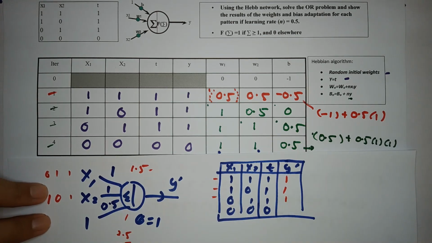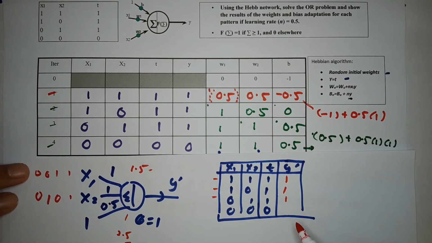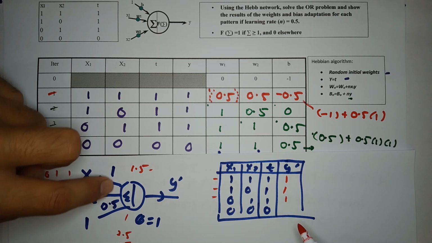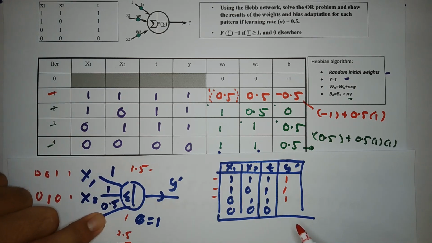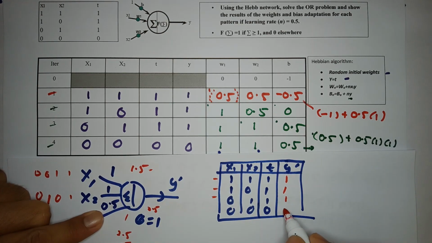For the final part, we feed 0, 0. So this is 0, the second part will be 0, and the third one will be 0.5. So 0.5 is definitely lower than 1. For this particular case, the neuron will not fire.